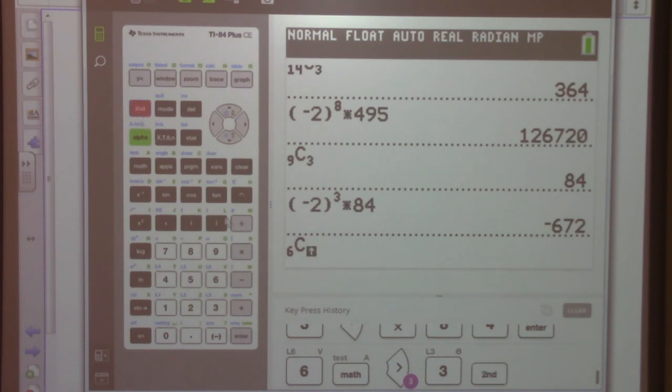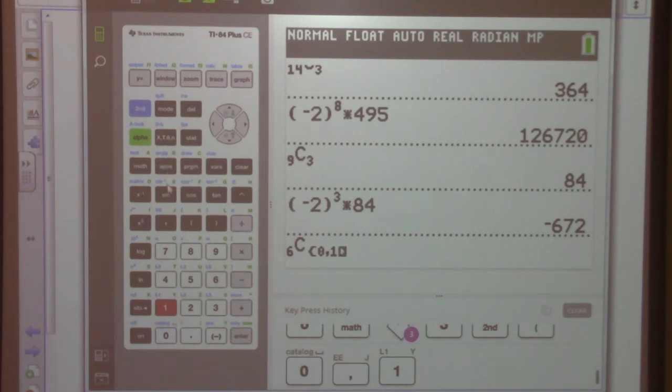So we're going to go to second and enter the bracket. So we put 0, comma, 1, comma, 2, comma, 3, comma, 4, comma, 5, comma, 6, and then you close with your bracket like this.